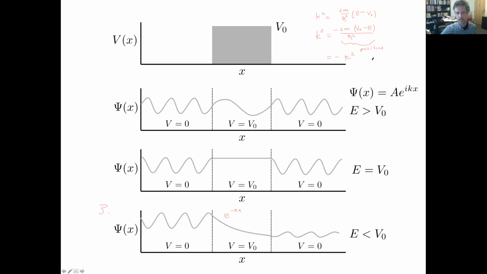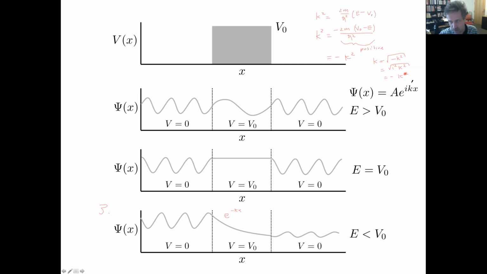If I take the square root of each side, I can write k as i times kappa, that means k equals i kappa. Forget about the squared. That is how kappa is defined.